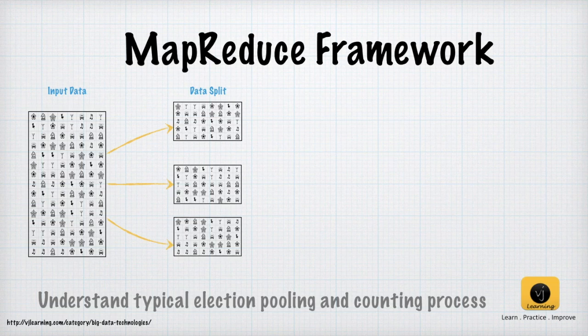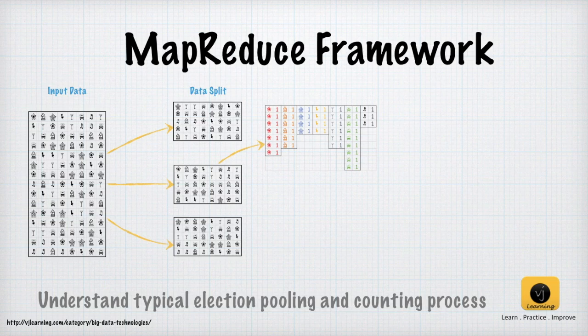Let's say I have 100 mappers configured, I'm going to split the data into 100 pieces, and each mapper will take one piece. Within the split, it'll have a set of records and it processes them one by one.